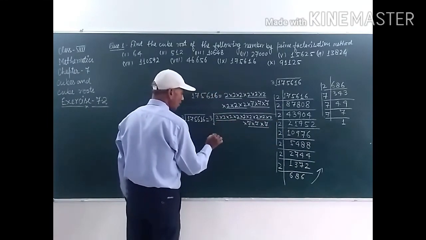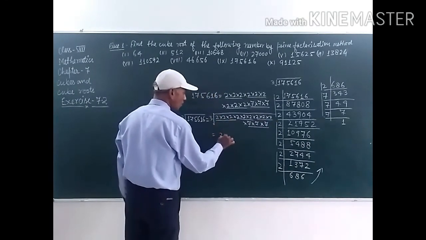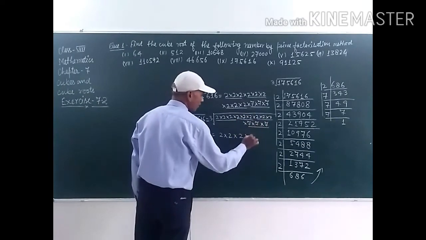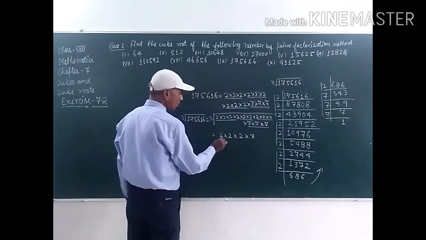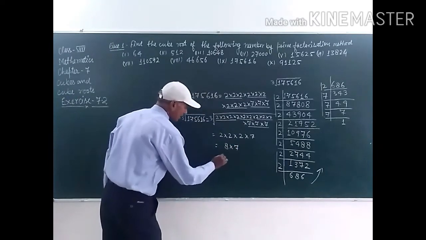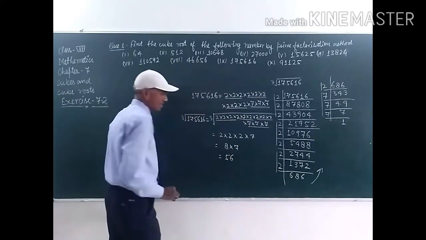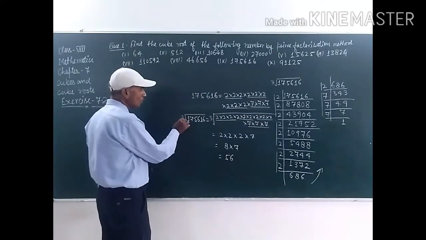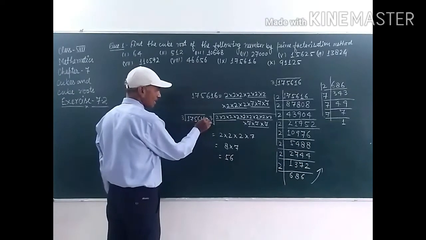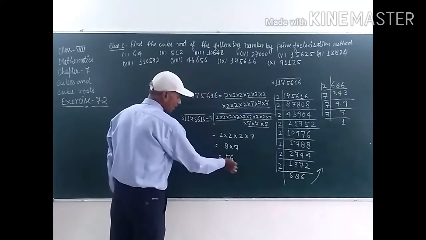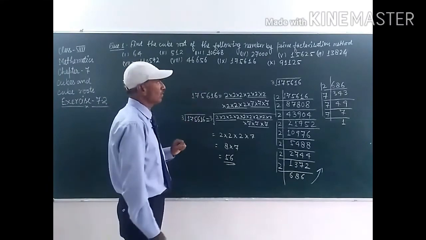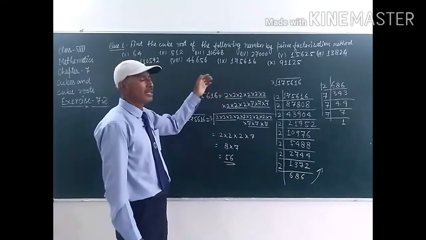From this group 2, from this group again 2, and from this group 2, and from this 7. So 2 2 ja 4, 2 4 ja 8 into 7, 8 7 ja 56. Clear friend? So cube root of this number 175,616 is equal to 56. This is the answer of this part of the question student, and remaining part of this you have to do yourself student.